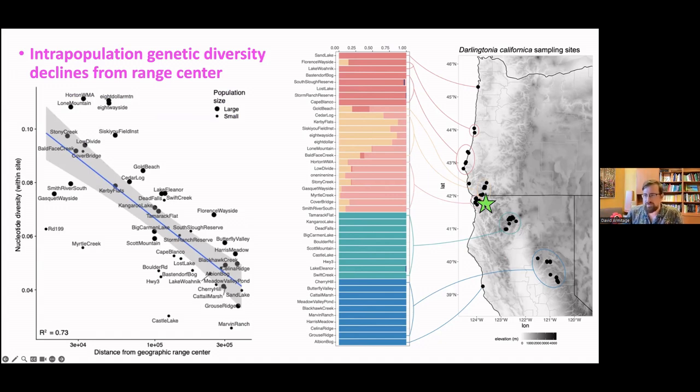So the star here represents the geographic centroid of where these plants are, and we find that there tends to be a pretty significant sharp decline in within population genetic diversity as you move away from this population center here. So generally the least diverse populations are those at the margins.